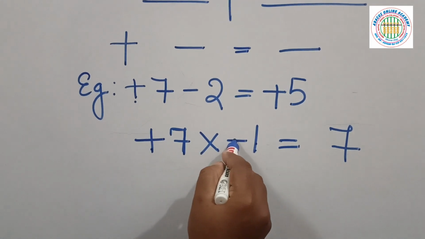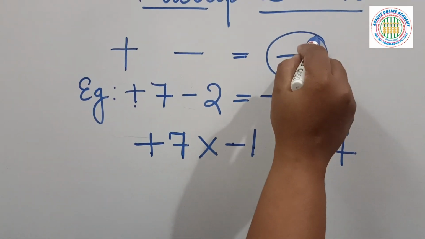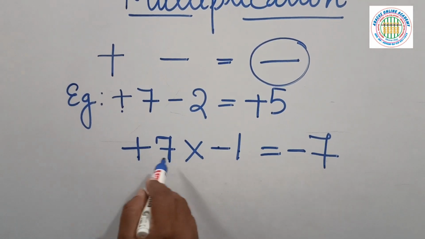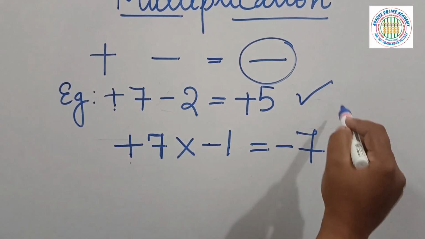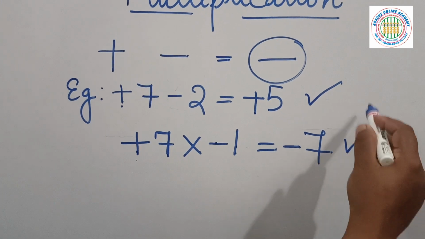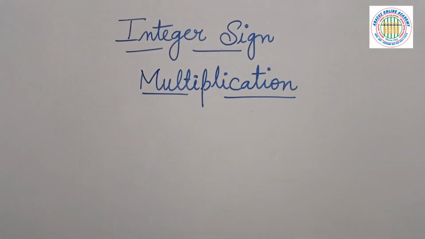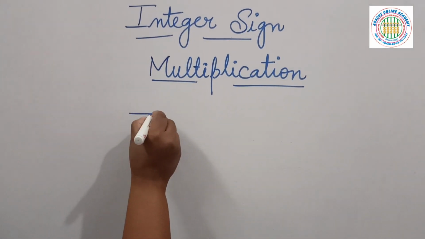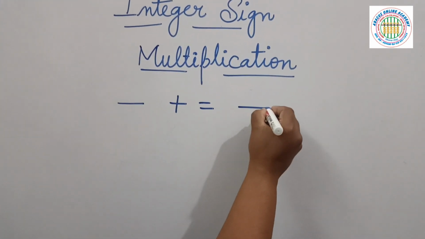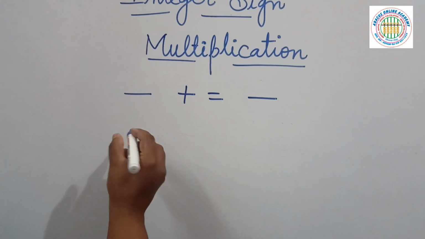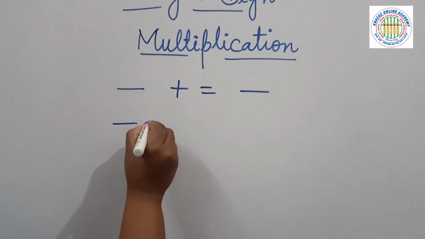Plus, minus, minus. You don't have to check for the greater number in multiplication. This is addition, this is multiplication. Both are different. Okay, next one is minus, plus gives you minus. Now we'll see both of them.